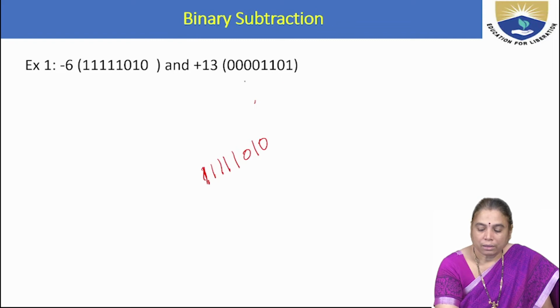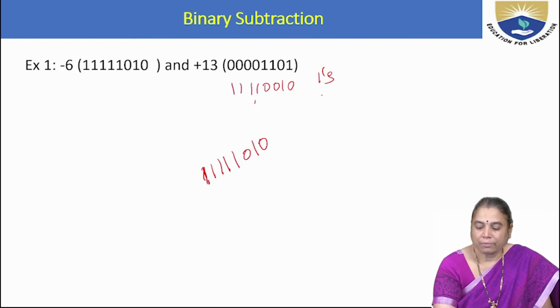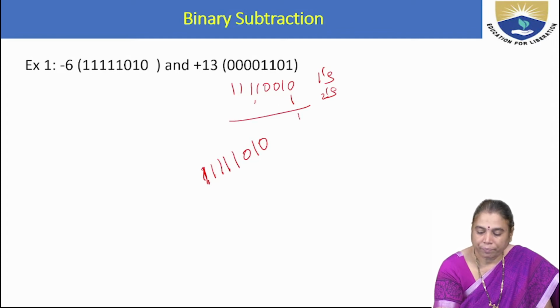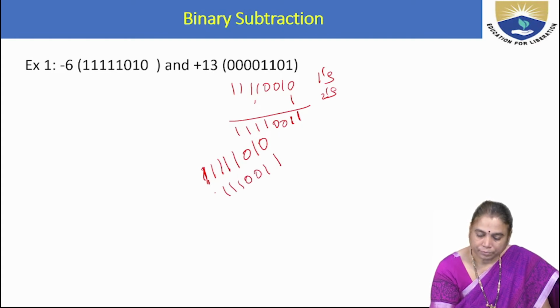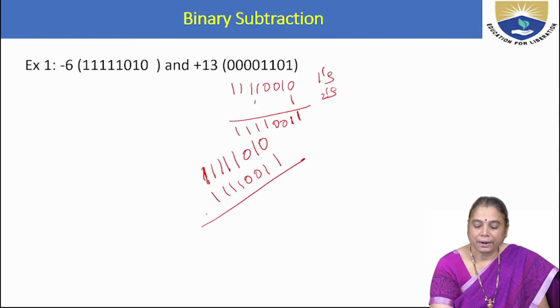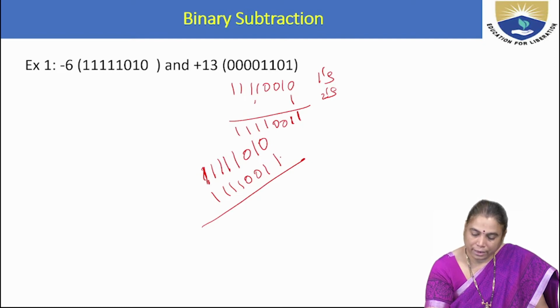Here the 1's complement form can be identified as 0, 1, 0, 0, 1, 1, 1, 1. And with this, a 1 has to be added in order to find the 2's complement value. This 2's complement value can be added here.